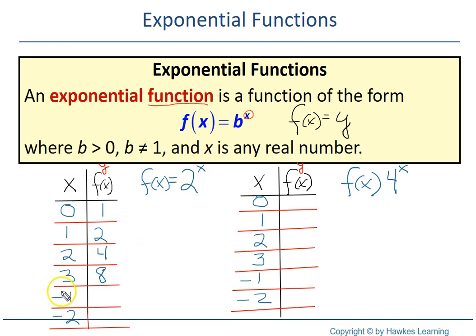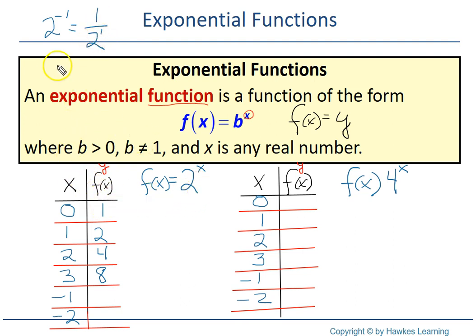Now if we put a negative 1 there, let me show you that up here. 2 to the negative 1, you might recall from earlier lessons, we just take the 2 down to the denominator, and it becomes 2 to the first.